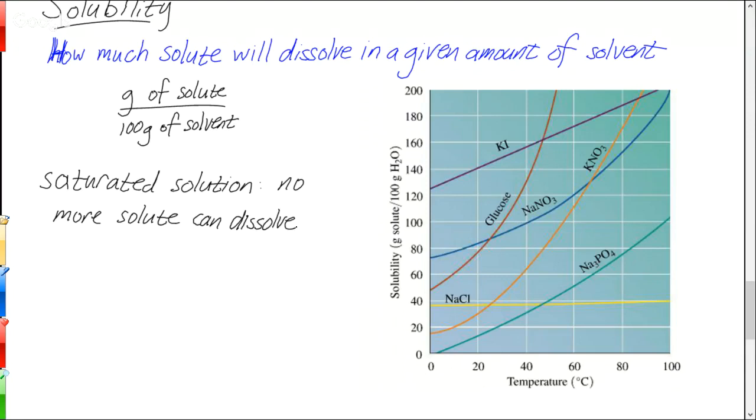So you're at that solubility point. You're at that point where nothing else can go in. And how do you know what that point is? That's a good question. So you have to measure, and that's what we're going to do in lab today. You're going to look for that point at which some of the solid won't dissolve and just falls to the bottom. Once it falls to the bottom, you know you have more than what the solubility tells you you can have. So you have to measure it.